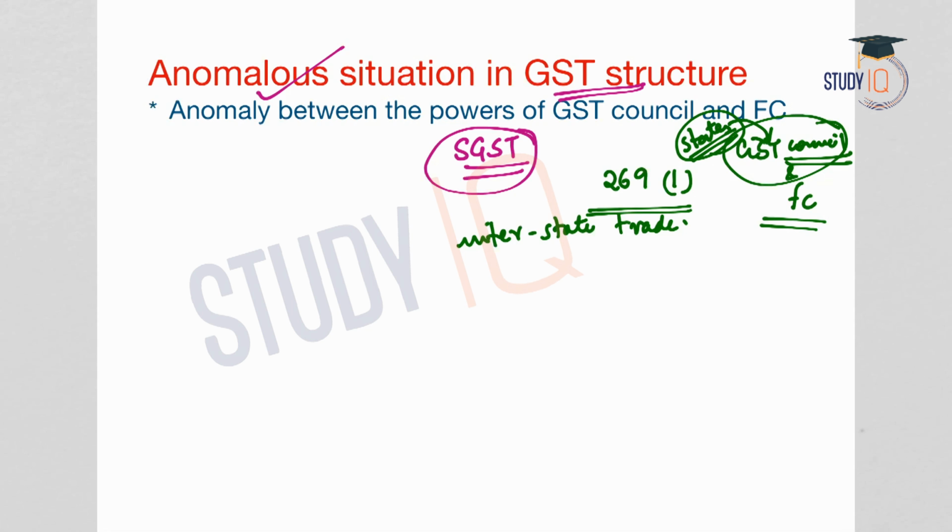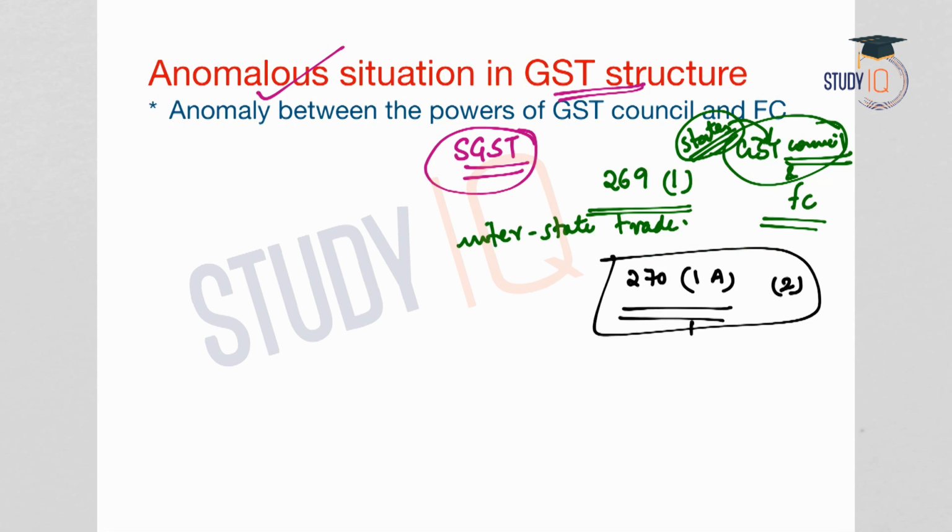But now coming to Article 270 (1A) and (2) of the Constitution. It provides that the taxes levied under the GST laws will be shared in the manner prescribed in Article 272. That means according to the Finance Commission, not according to the GST Council.